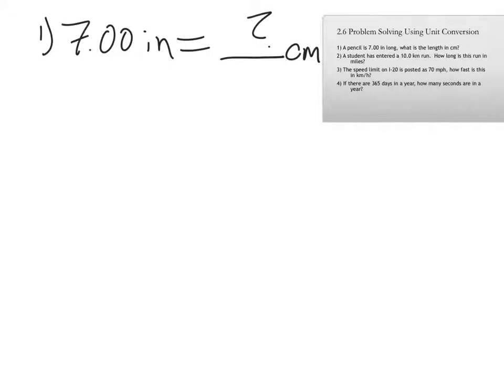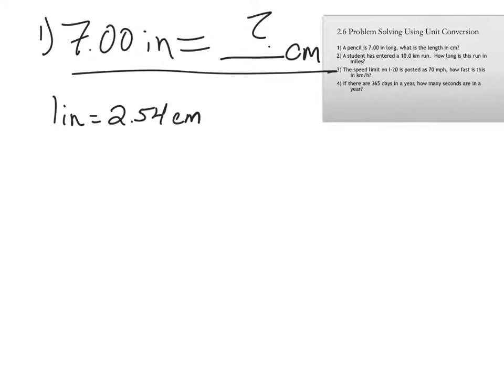So the first one there said, a pencil is 7 inches long. What is its length in centimeters? And I've already written up there what you're asked to find. 7 inches is how many centimeters? What you need to know from those tables 2 slides ago now are that 1 inch is equal to 2.54 centimeters.